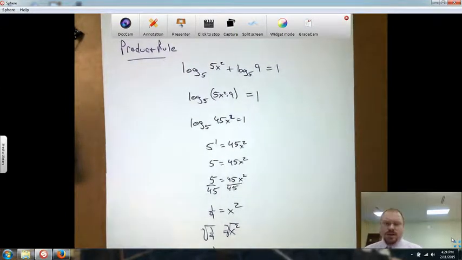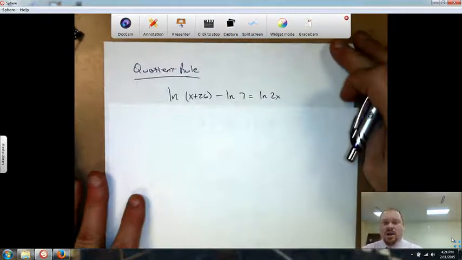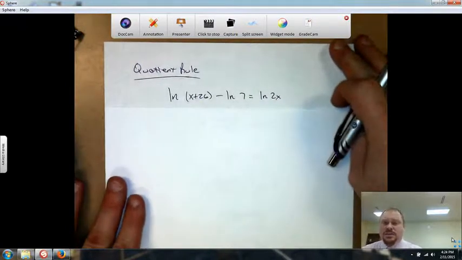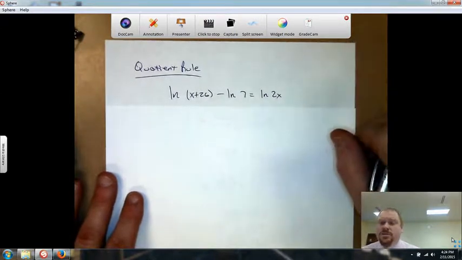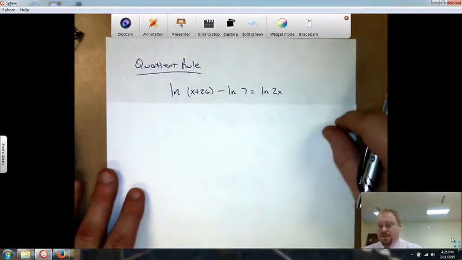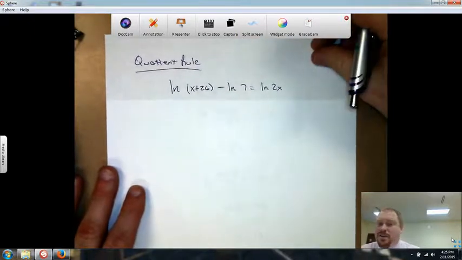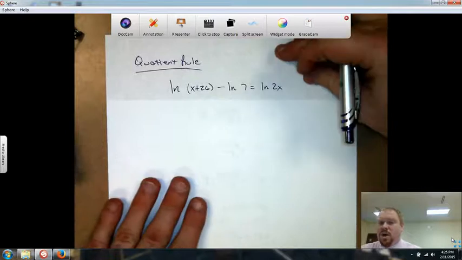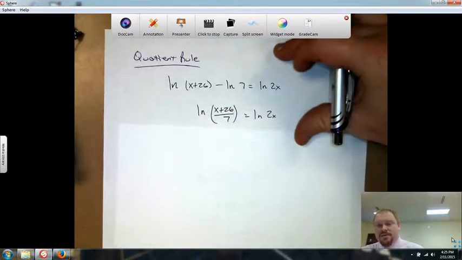So the next rule is the quotient rule. Now here I have natural log of x plus 26 minus the natural log of 7 equals the natural log of 2x. Because this is minus, I'm allowed to condense this into one logarithm where I divide.